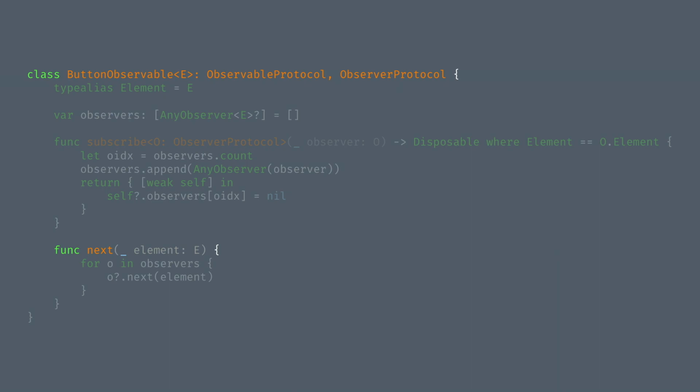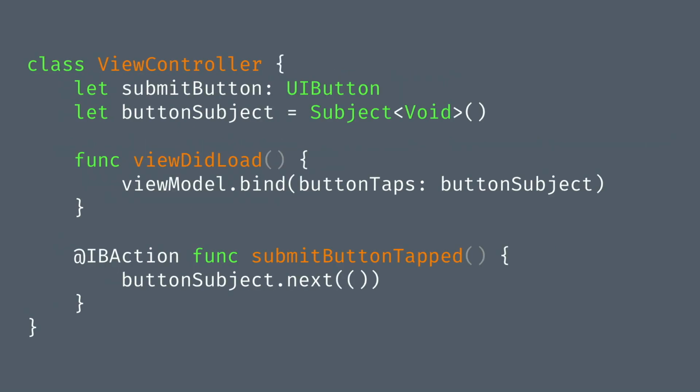And actually that makes this thing that we're making both an observable and an observer. So we can pass the next element to the ButtonObservable, and it will also arrive at all the subscribed observers. And this thing actually is called a subject in Rx. So that's what we can use in our view controller.